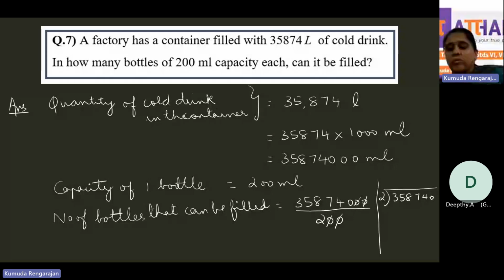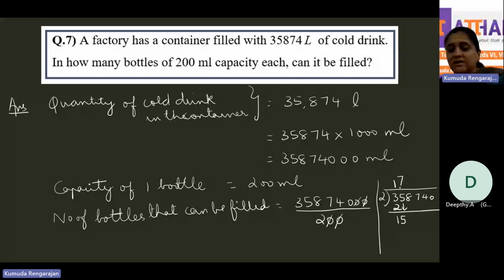Okay, let's divide together. Two 1s are 2, right? Then what's the remainder? 1 is the remainder. 5 comes down. 7s are 14. 1 is the remainder. 8 comes down. 9s are 18.